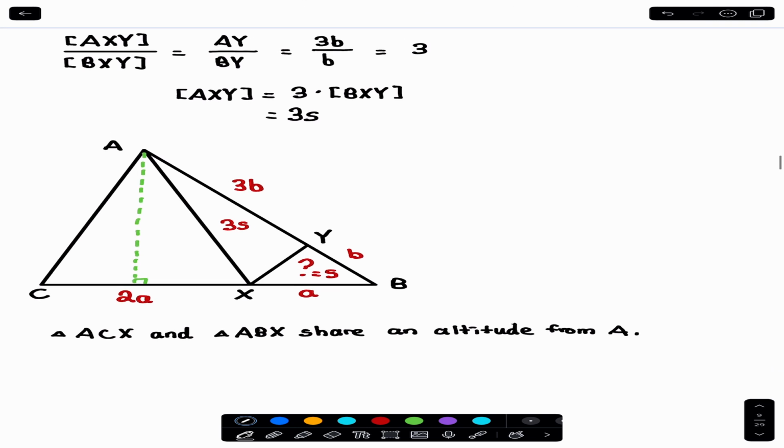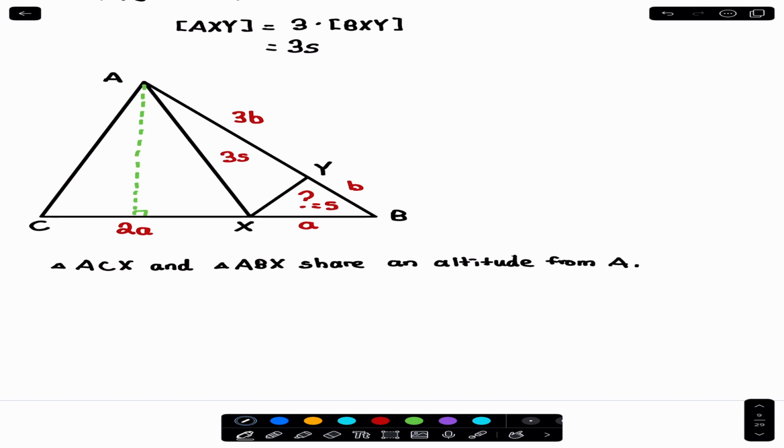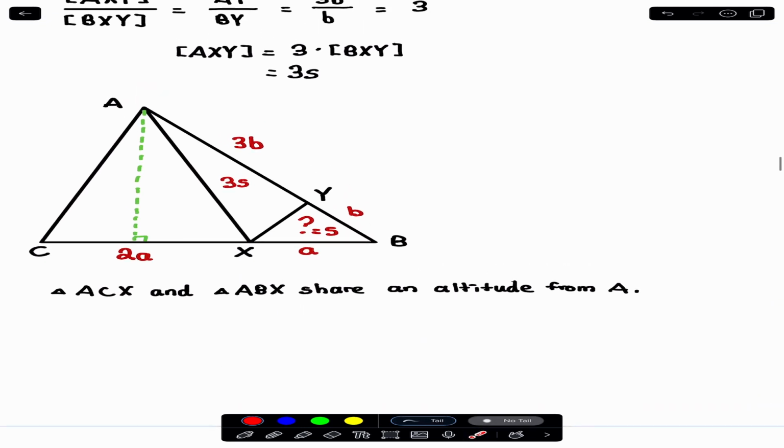Sometimes we're just changing our perspective on how we view things. So first we were viewing from these two triangles, and now we're viewing with these two triangles.